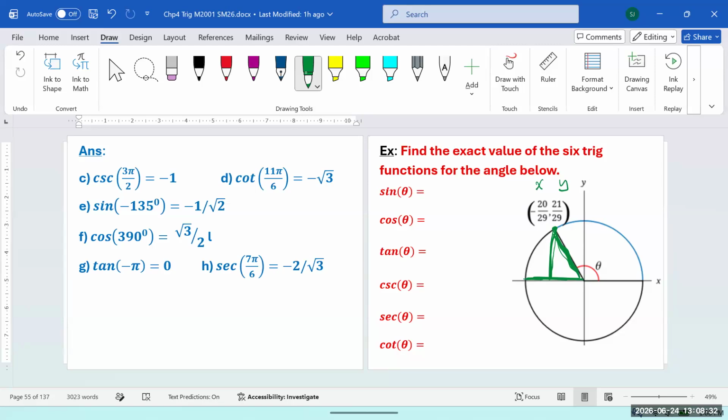They're telling us in this triangle, the x value here is negative 20 over 29. The y value we have here is 21 over 29. That means what is missing? Hypotenuse. Is there any way you can find the hypotenuse based on the sides?